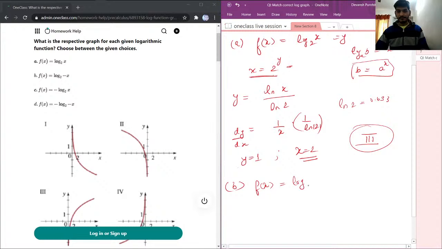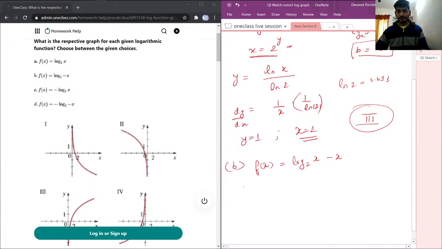So for B, we have log of x with base 2 minus x. I can write this as y equal to ln of x over ln of 2, minus x. I'll just take the derivative, and the derivative of ln of x will be 1 over x times ln of 2, minus 1.